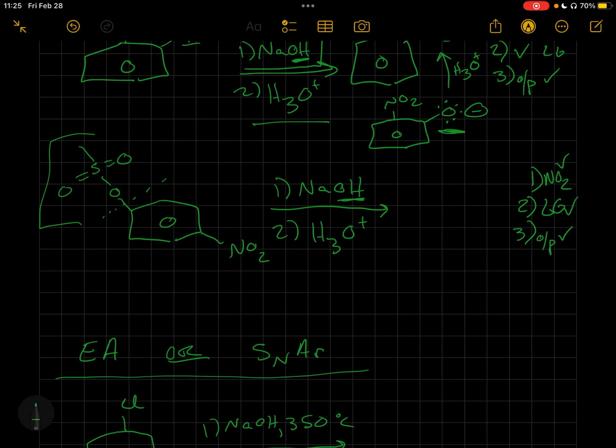ortho-para. This time our leaving group is para to the nitro group, but like we said before, draw our benzene, draw our nitro, and now we put in our nucleophile in the place where the leaving group used to be. Once again, we're using our H3O+ to work it up because we have basic conditions for our nucleophile.